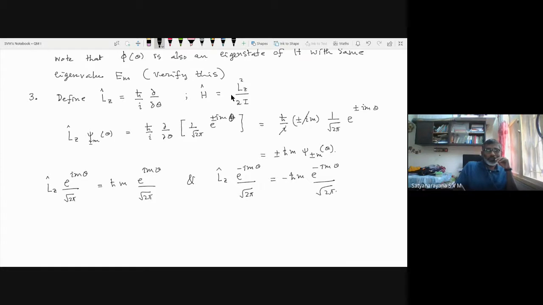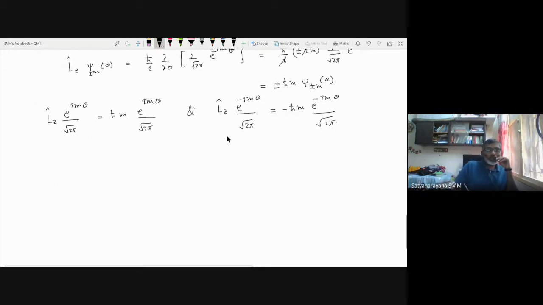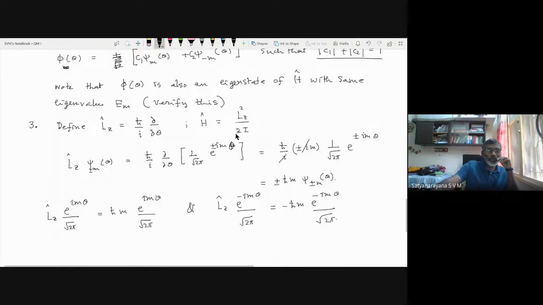Okay, so now if you look at the Hamiltonian, note that the Hamiltonian is basically Lz square by 2I.